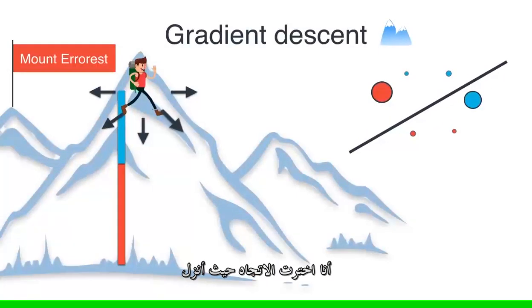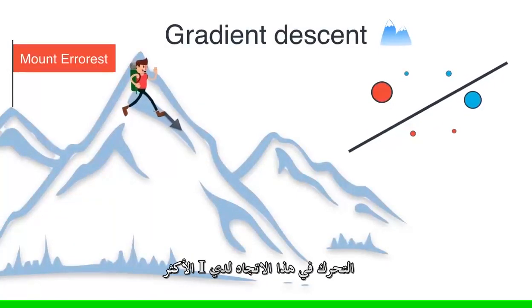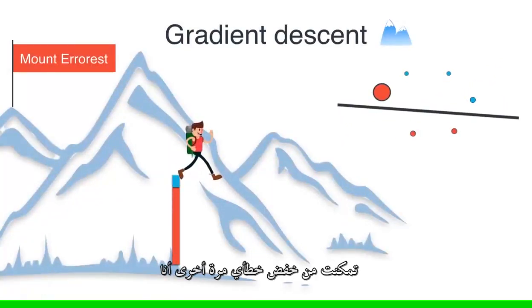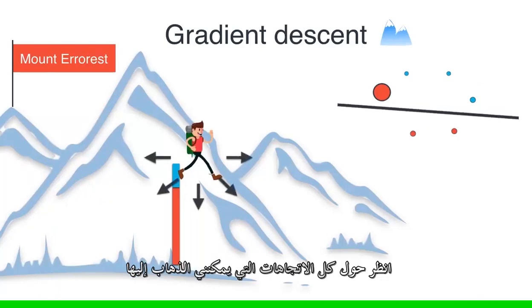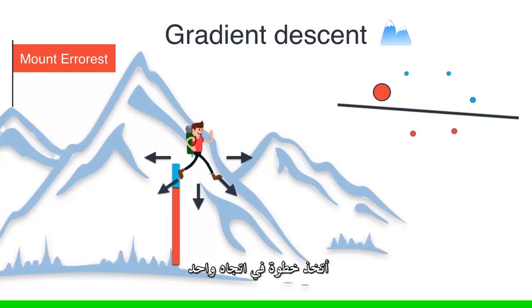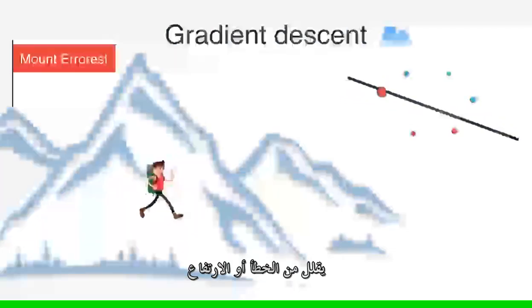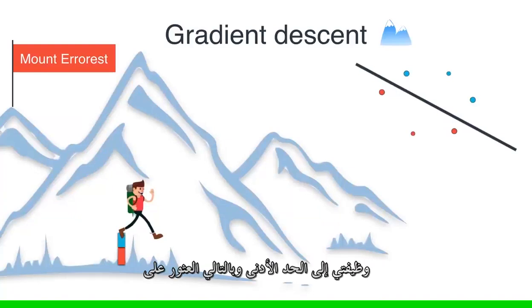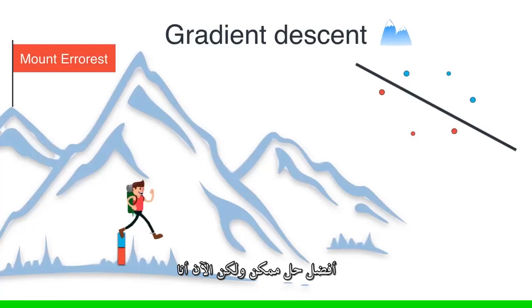I pick the direction where I descend the most. I move in that direction. I've managed to decrease my error. Again, I look around in all the directions I can go. I take a step in one direction that decreases the error or the height the most. Now I've been able to decrease my function to a minimum, thus finding my best possible solution.